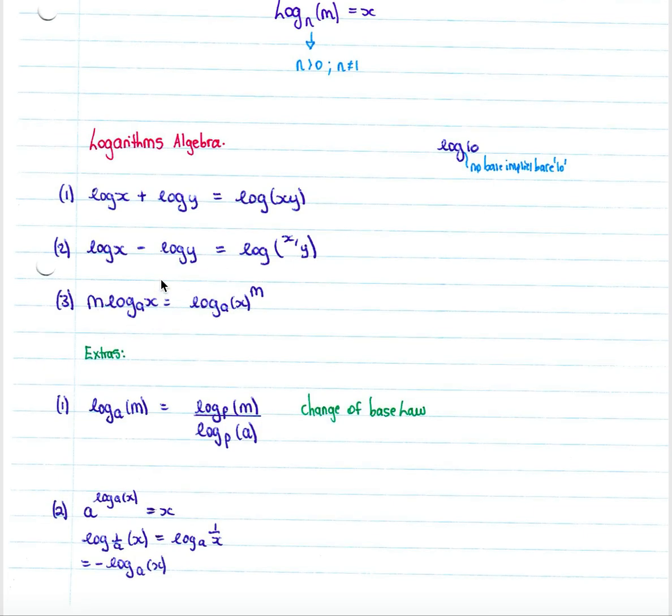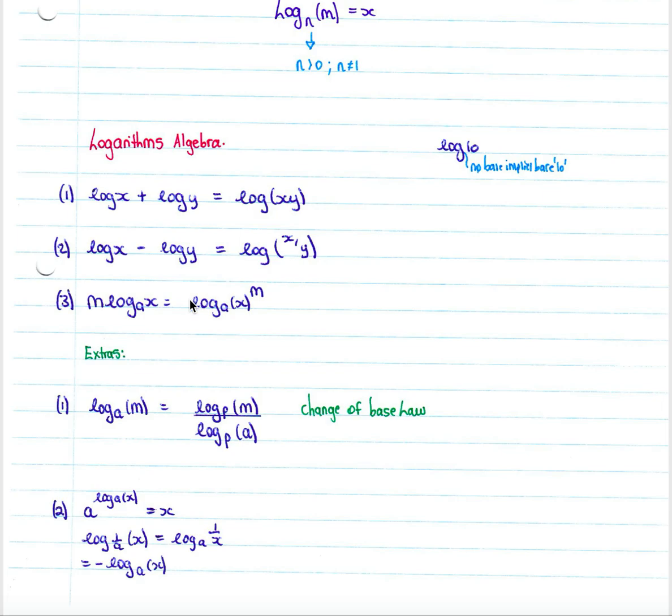When you are given a logarithm in this format over here, m being a constant, m log base a x, you can change that into the form log base a x to the power of m. In the same way, you can work backwards and move the m down.